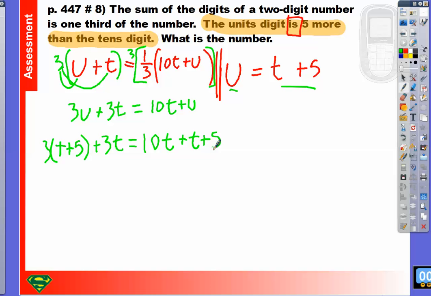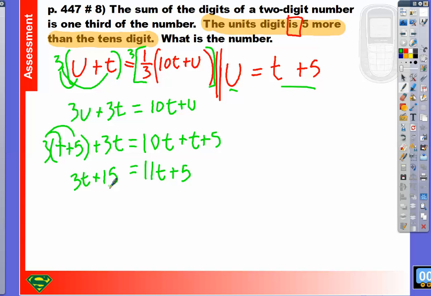So let's simplify the sides a little bit. What's 10t plus t? 11t. It's 11t. I still have my plus 5. What is 3 times t? 3t. What is 3 times 5?